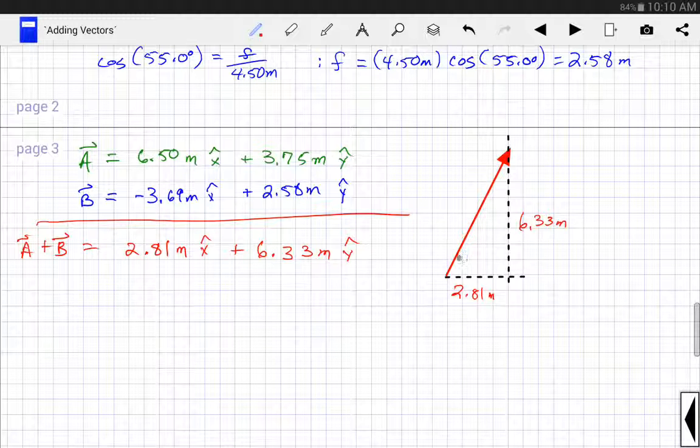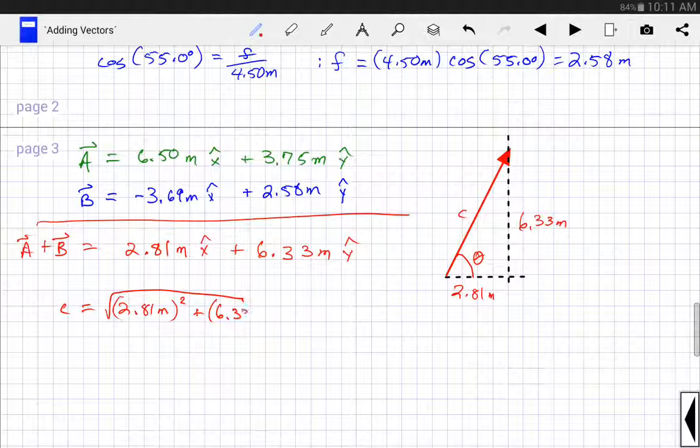If I want to find this angle and this magnitude, then for the magnitude I will use the Pythagorean Theorem, which says C is equal to the square root of 2.81 meters squared plus 6.33 meters squared.